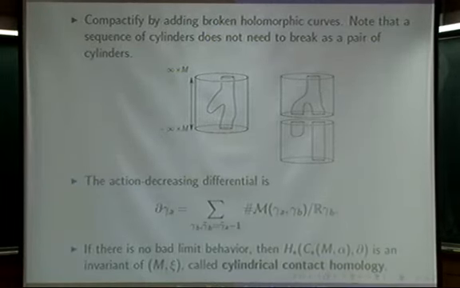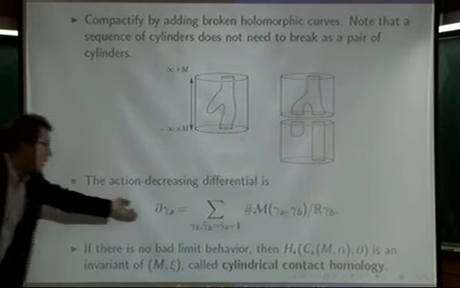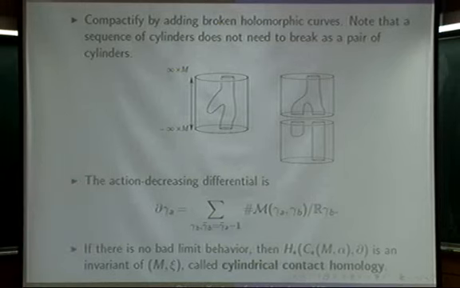A holomorphic building is a finite sequence of holomorphic curves in the symplectization with matching asymptotics, and they arise as limits of a sequence of holomorphic curves in the symplectization. So we define a differential, and like in Morse homology, it's action decreasing, because you go down the gradient flow.